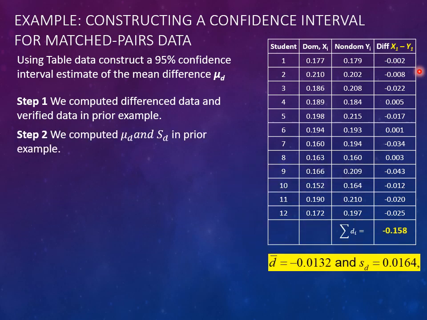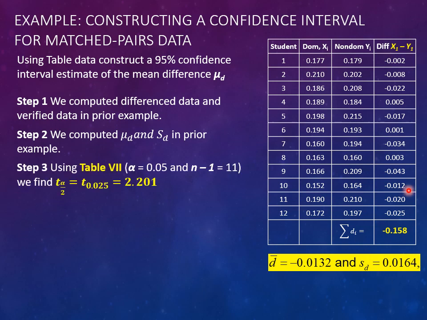We also calculated d bar, which is the mean of the difference data, 0.158 divided by 12. And we also computed the standard deviation of the difference data. So we're ahead of the game here.